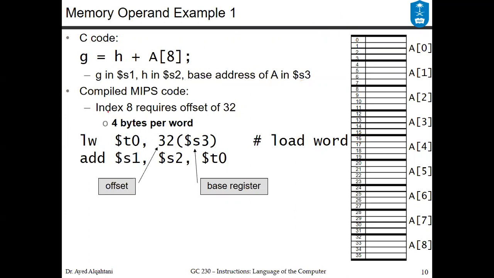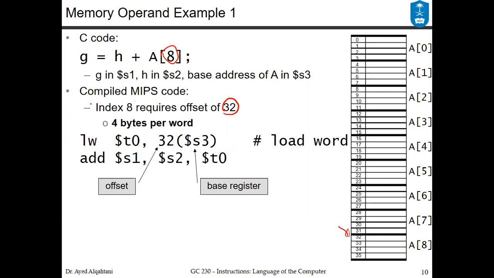Now, we know that index 8 of the array requires the offset 32, because 8 times 4 is 32, as we explained here. Why are we multiplying by 4? Because every 32-bit word is actually 4 bytes, 4 bytes per word.